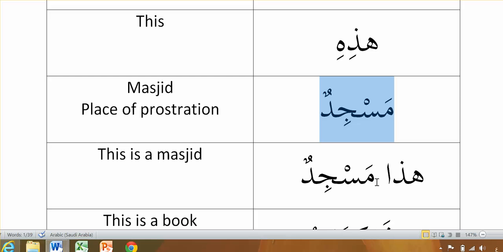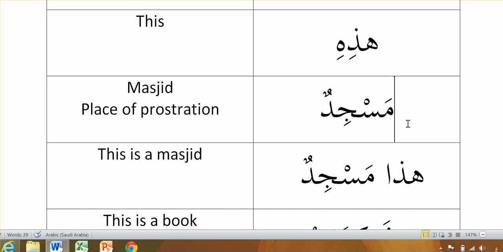One of them is called al-ism, which are like names of places and things, just like nouns, but it's more than nouns. One is al-fi'l, which are verbs, and one is al-harf, which are like prepositions and conjunctions and so on. Right now we're dealing with al-ism.